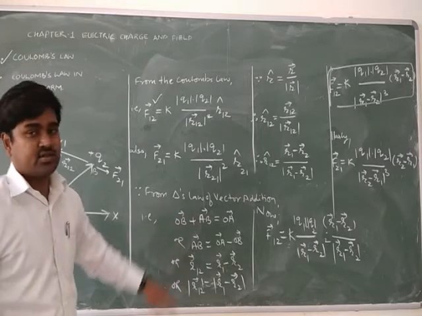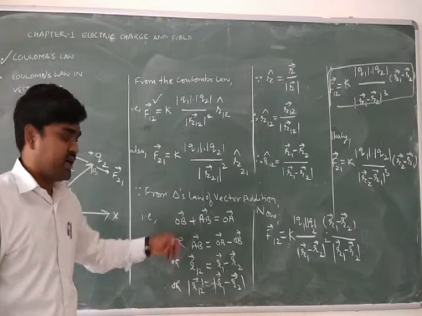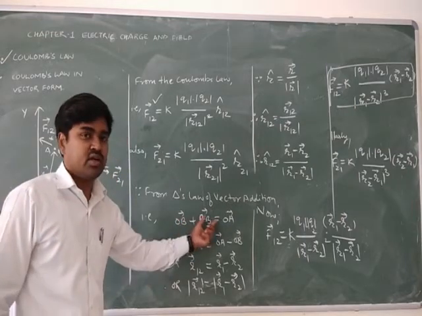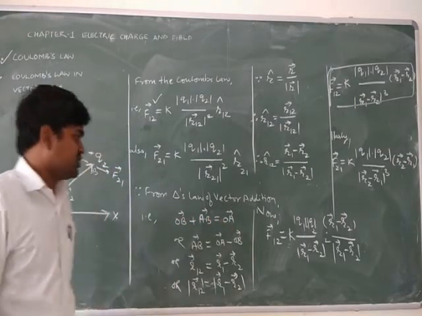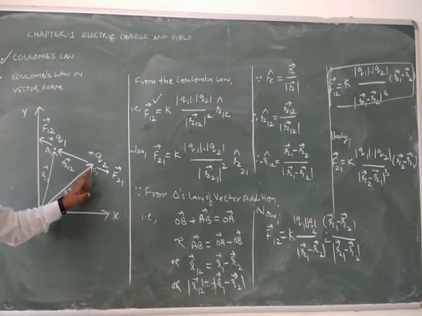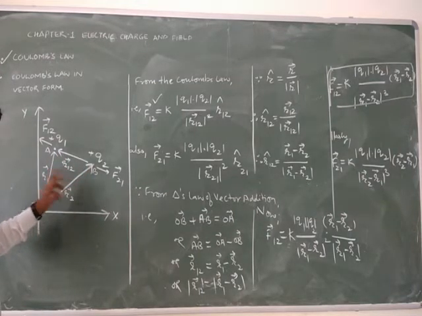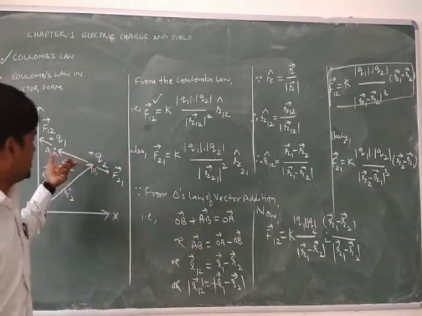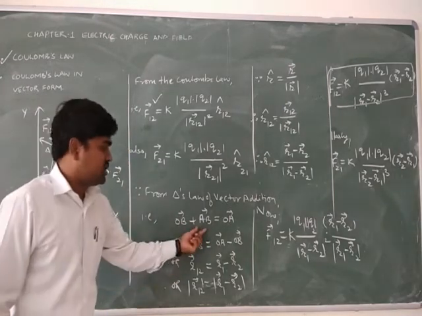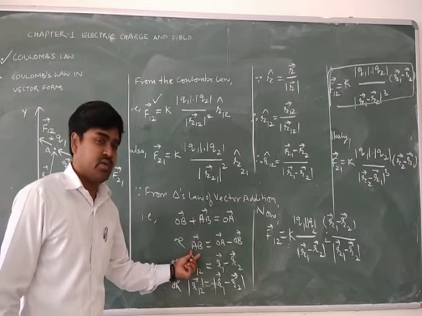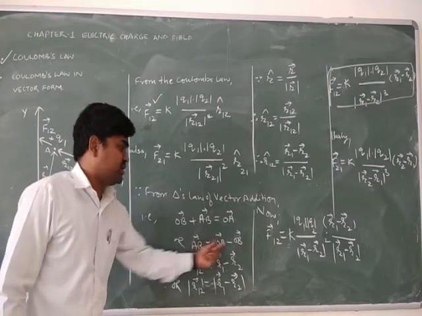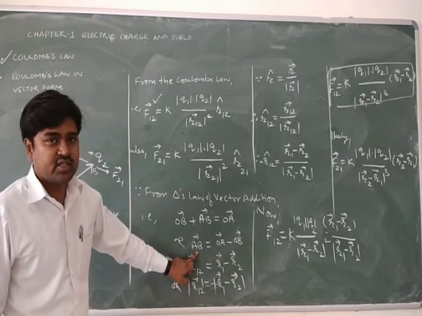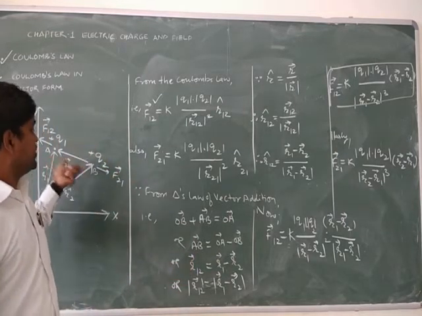So using the triangle's law of vector addition, we can write that the sum of two ordered vectors will be equal to the disordered vector, right? So OB plus AB will be equal to the position vector OA. As we have to calculate the distance between these two point charges, AB will be equal to OA vector minus OB vector, right? So AB represents the displacement vector between these two point charges.